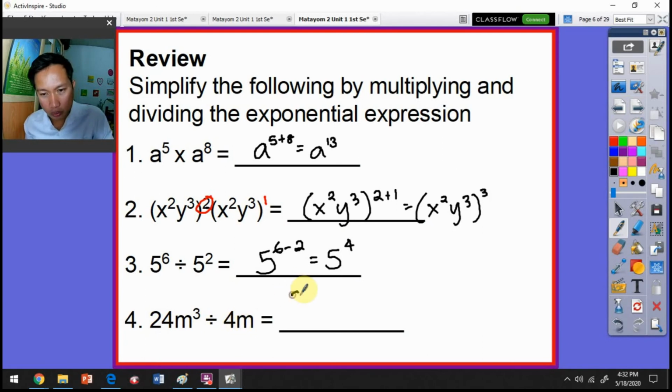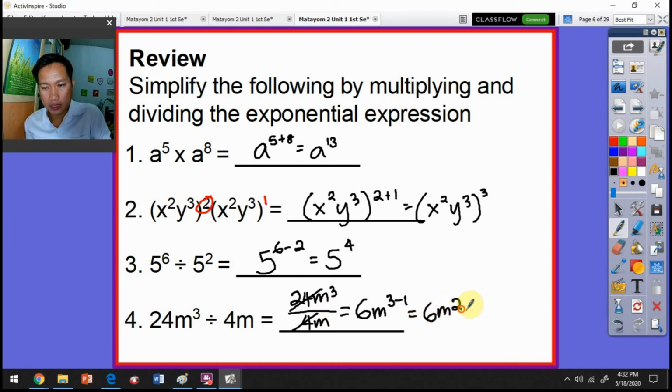Now when you encounter this question, we change the question into a fractional form, so it's easier to simplify. 24 divided by 4 is equal to 6. You have m to the power of 3 minus 1, and you will arrive at the answer of 6m squared.